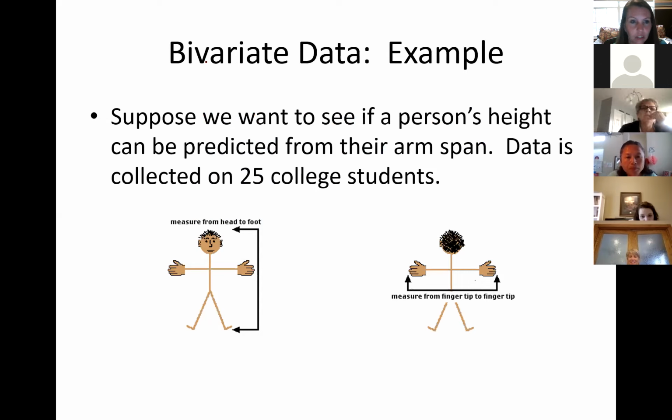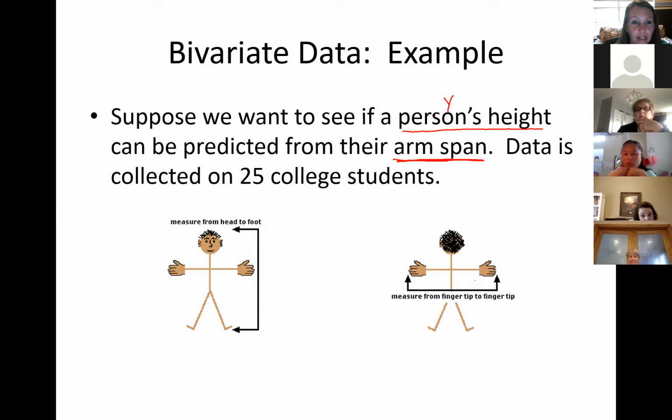And if we look back here, it says, suppose we want to see if a person's height can be predicted from their arm span. So person's height, is that going to be X or Y? Yeah, perfect.